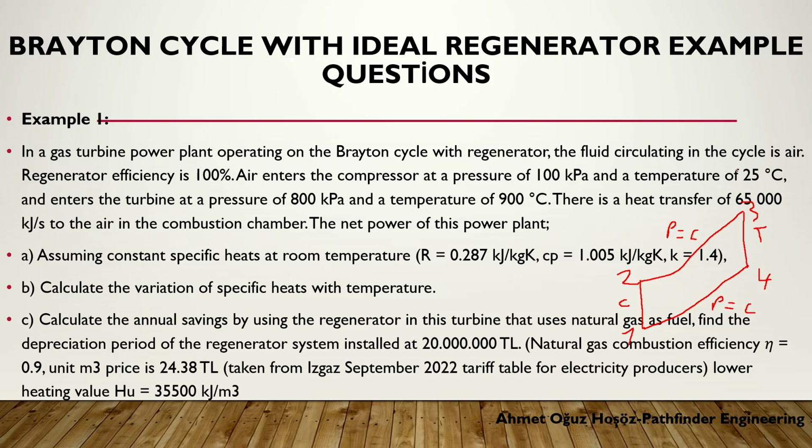The temperature of 25 degrees Celsius is 298 Kelvin for T1, and air enters the turbine at a pressure of 800 kPa for P3 and a temperature of 900 degrees Celsius, which equals T3 of 1173 Kelvin. There is a Qin of 65,000 kilojoule per second.